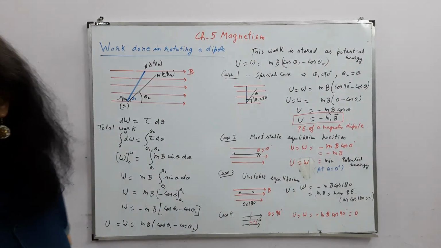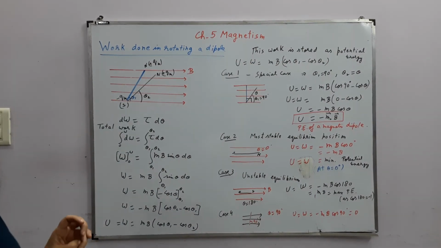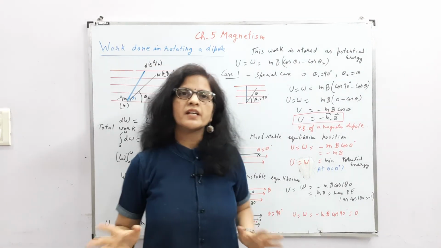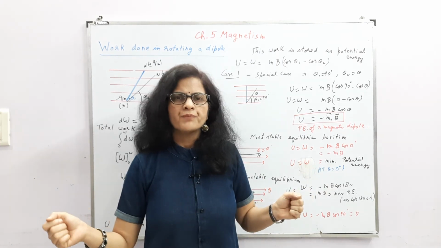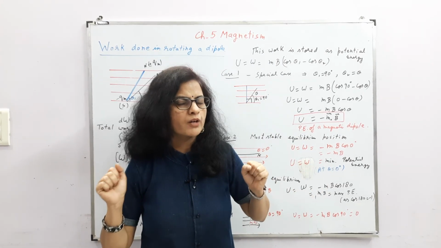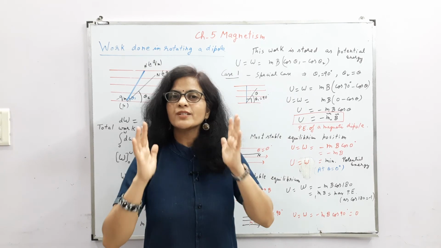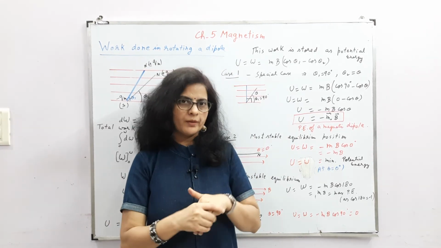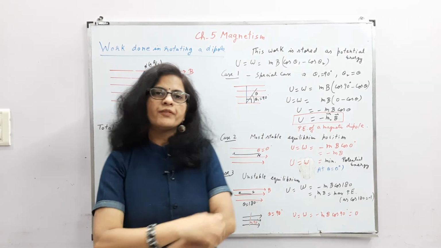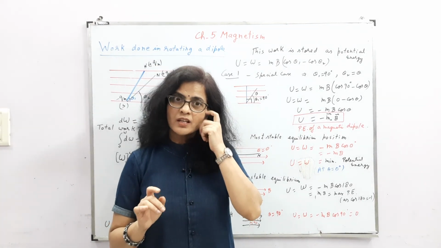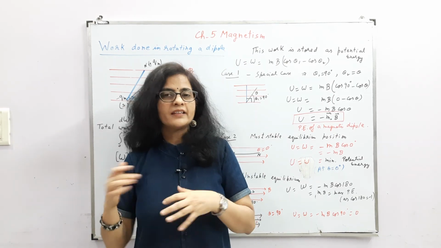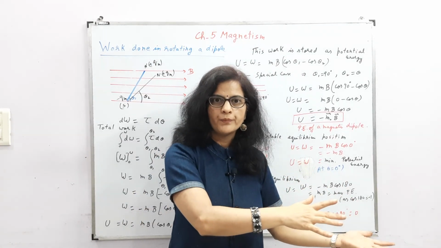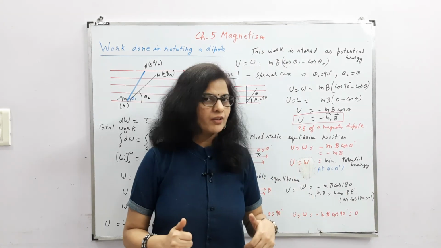Now let's understand this also over here. Once again, we have studied this in electrostatics also. What do you mean by equilibrium? Suppose I am standing here, three people come and apply force on me. In case I am able to stand here, the net force on me is 0 and I am in equilibrium, right? If someone tries to displace me and I get displaced, that is unstable equilibrium.